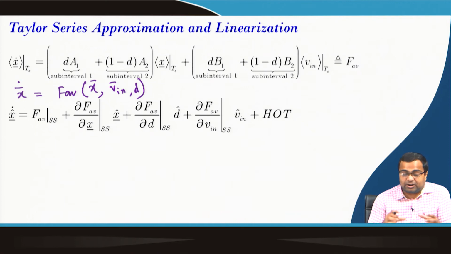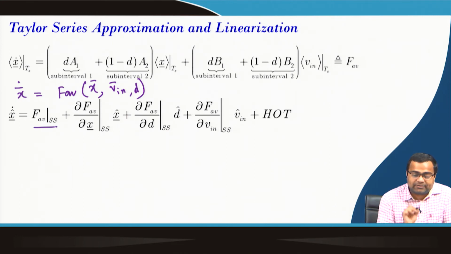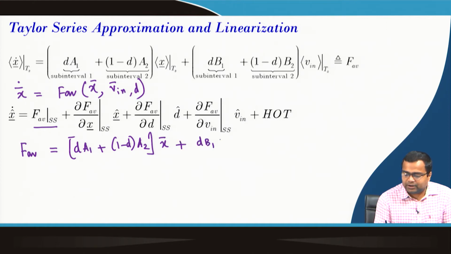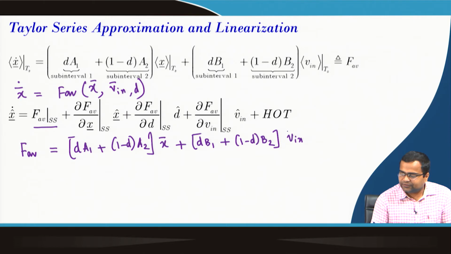Then we have to obtain the perturbed model, which is by applying the Jacobian. How can we find out F average under steady state? What is our F average? Here, our F average, we know, is d into A1 plus 1 minus d into A2, times x average, plus d into B1 plus 1 minus d into B2, times V in average.